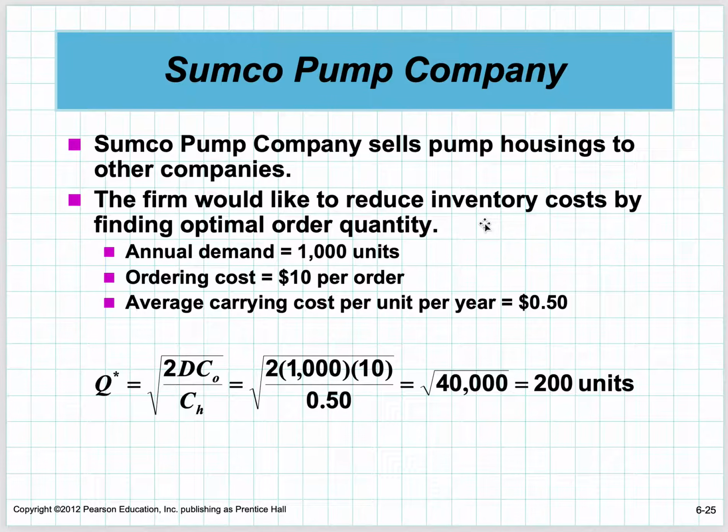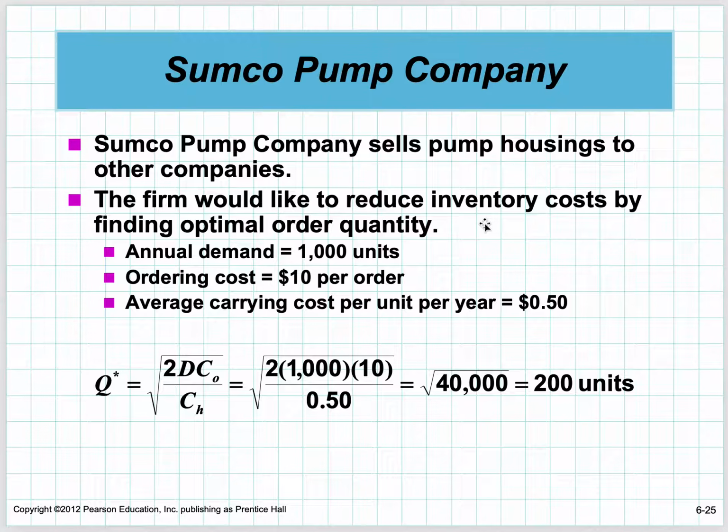Ordering costs are $10 per order, and it costs 50 cents to carry an item of pump housing in inventory for the entire year. It's not so much unless you're holding 50,000 pump housings in inventory on average, and then it's going to cost you something like $25,000.